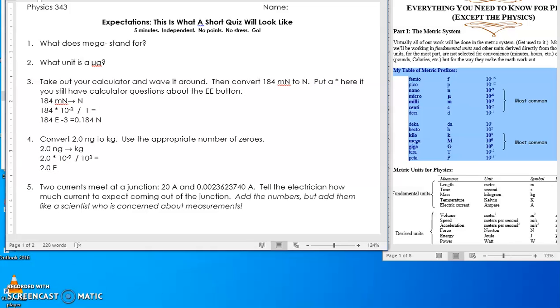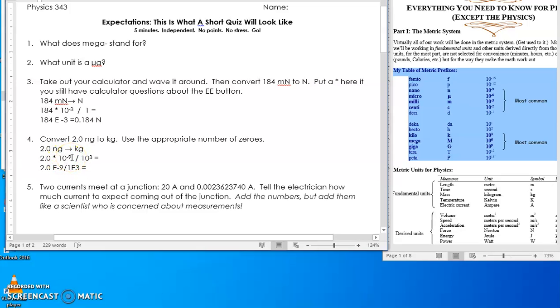2.0, use the E key. E what? E negative 9. Divided by, well, you just want 10 to the third, so that's 1 E3. Notice E is times 10 to the. Type that in. You will get the same number as you get doing by hand.